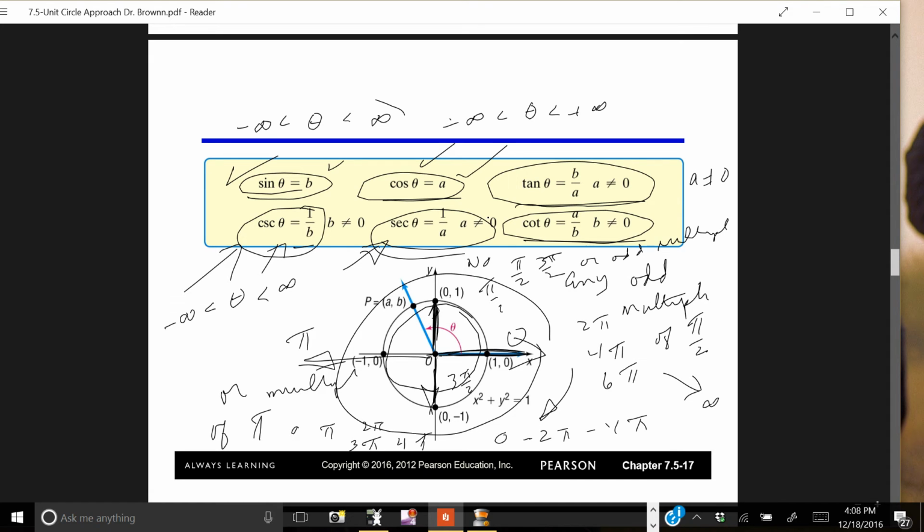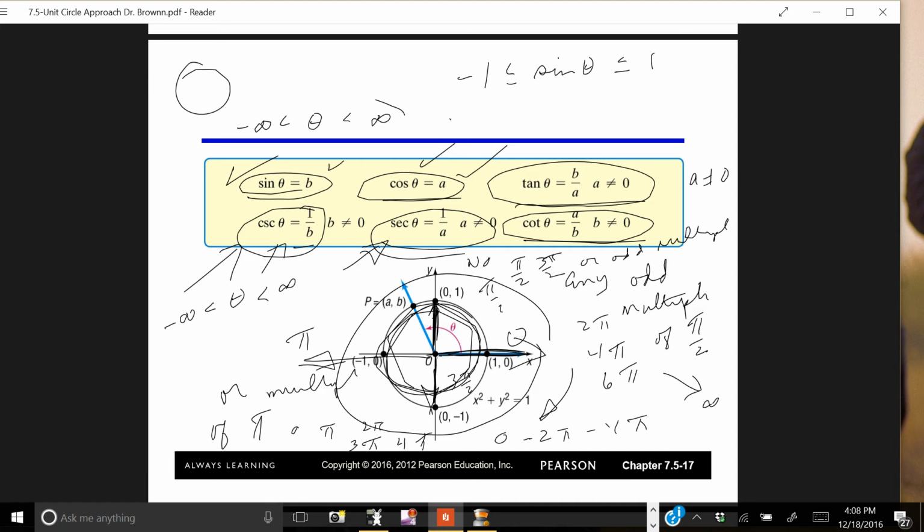Notice that if you go around a unit circle, the largest a can be is 1, and the smallest it can be is -1. And so that means that both cosine and sine have to be between -1 and +1. So sine of theta is less than or equal to 1, more than or equal to -1. It can never get bigger than that.